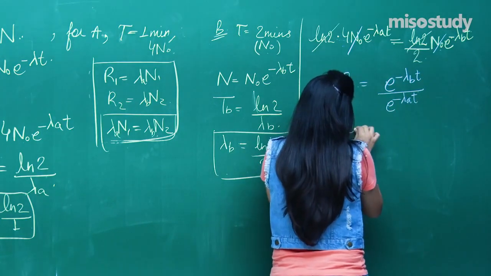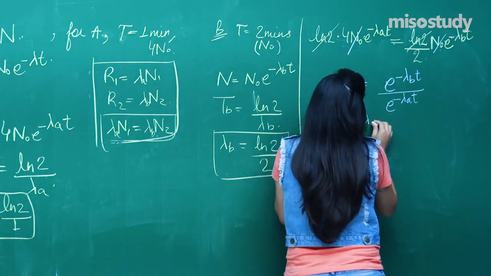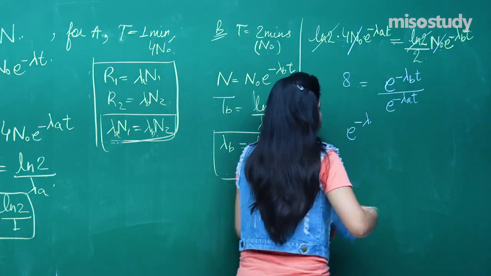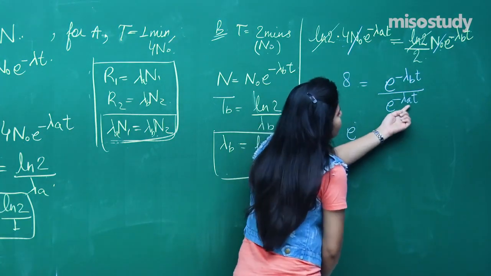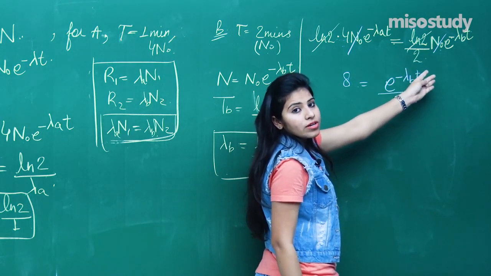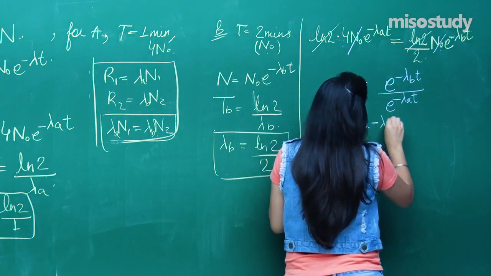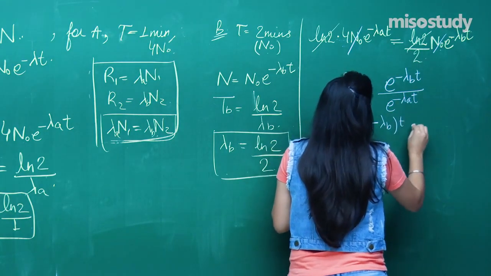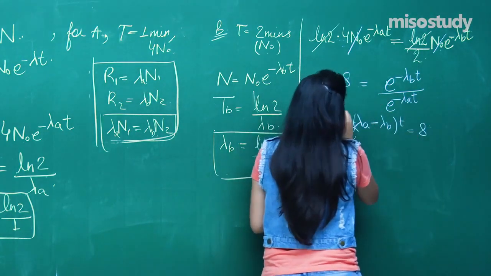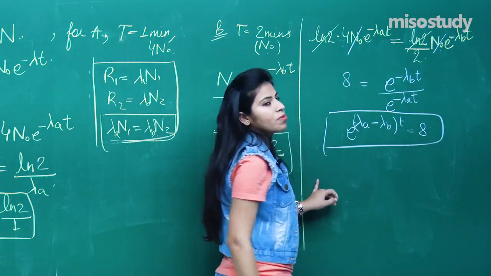So that means you can write it as e raised to the power lambda a minus lambda b into t, because if it goes into the numerator, that will become positive. So we are having e raised to lambda a minus lambda b into t as 8. Now you are having this equation before you.